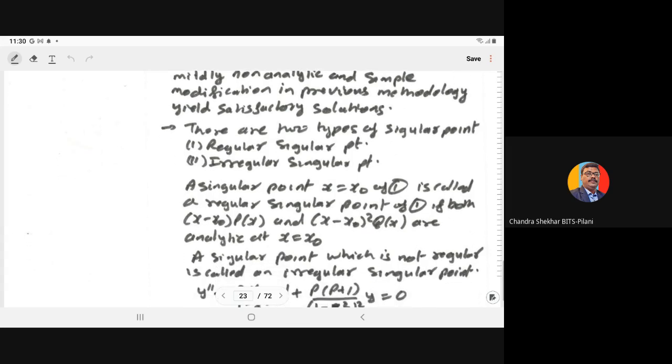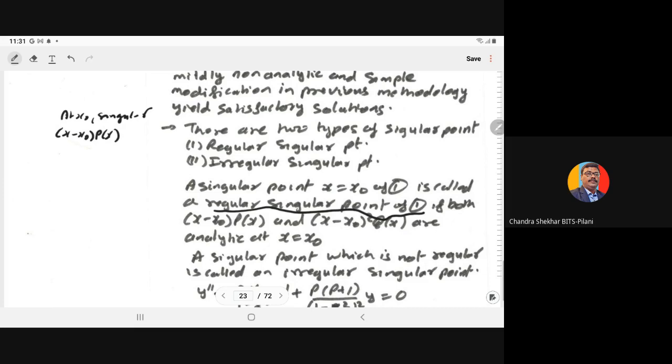A singular point x equal to x naught of the equation y double dash plus p(x) y dash plus q(x) y equal to 0 is called a regular singular point when both of the following hold. Because at x naught we have the singular point, we compute (x minus x naught) into p(x).